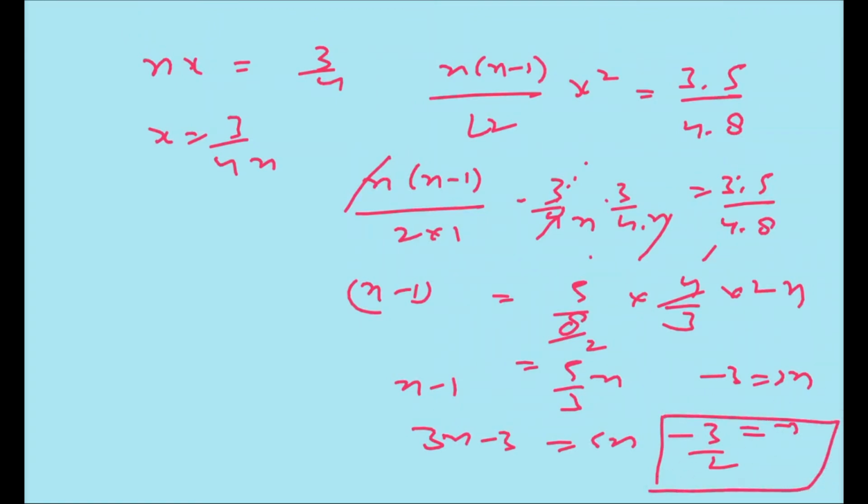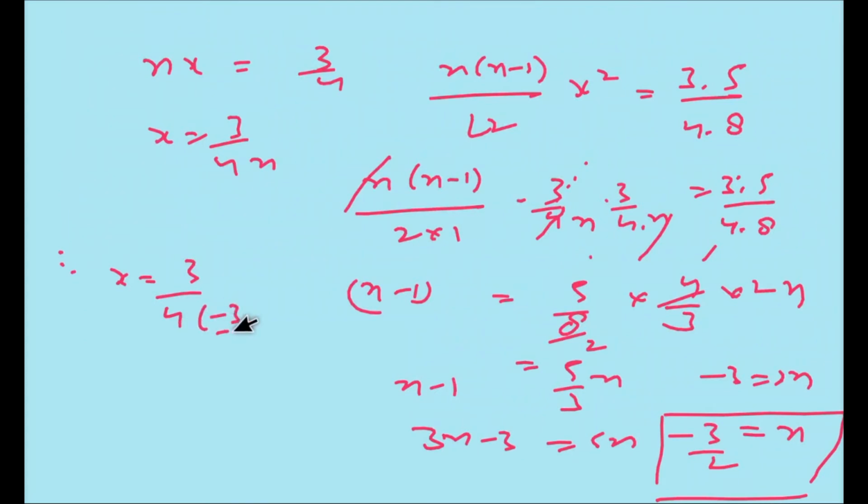So this way we get the value of n, minus 3 by 2. Now we can find the value of x, hence x equal to 3 by 4 into minus 3 by 2 inverse. So we get here minus 1 upon 2.